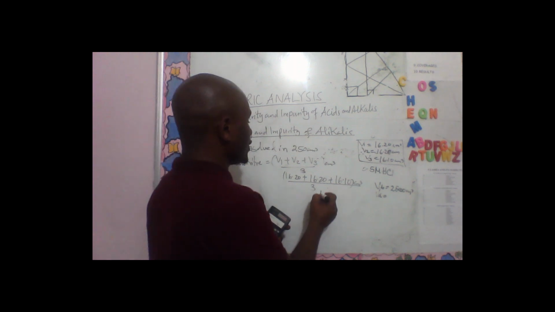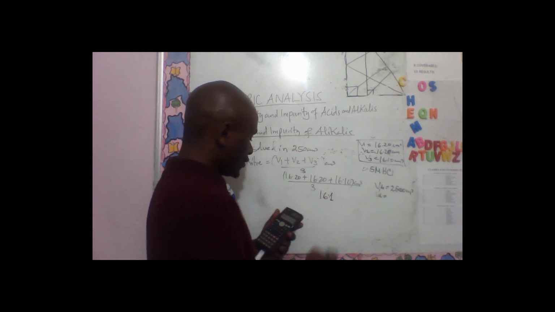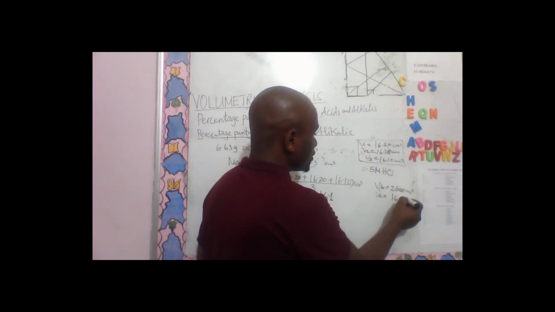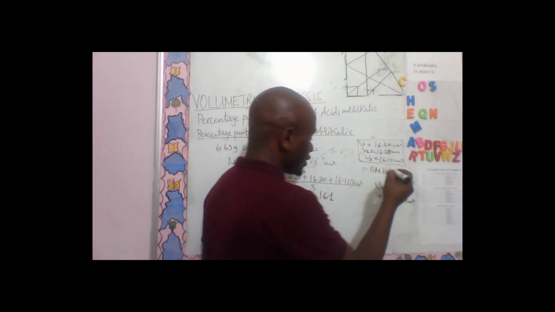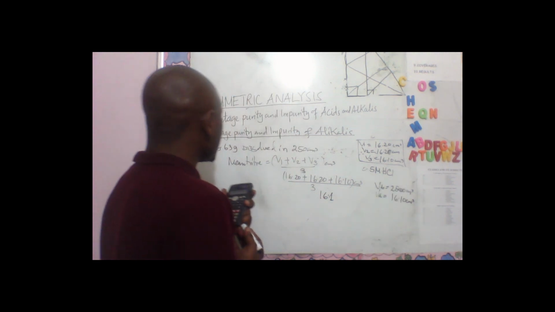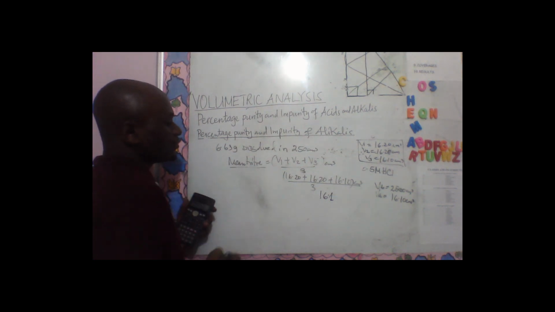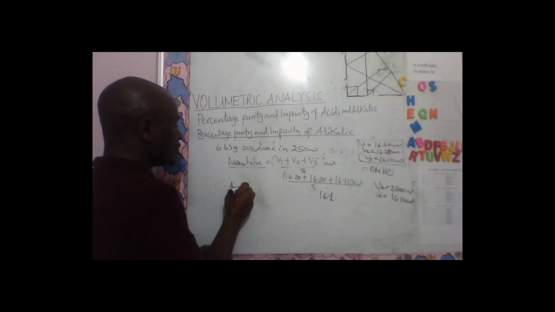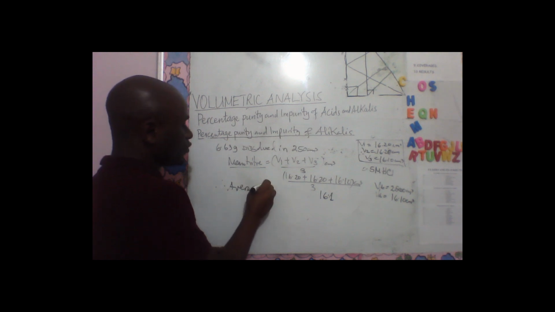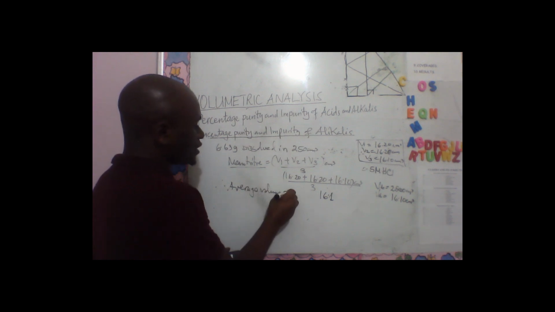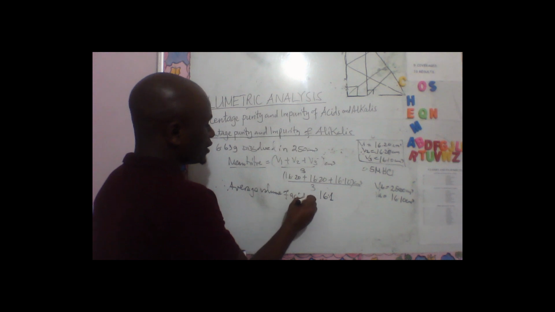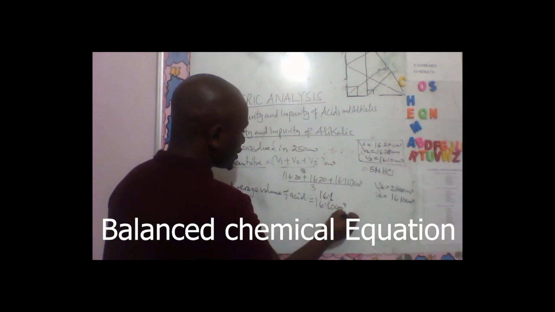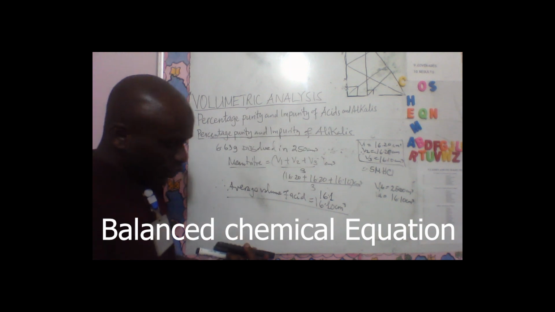So the volume of acid here is equal to 16.10 centimeter cube. This is the average volume. So the average volume of acid is equal to 16.10 centimeter cube. This question has been wound up.